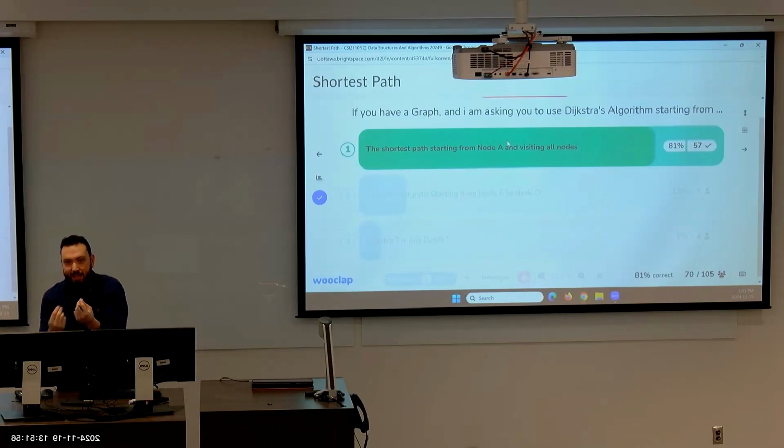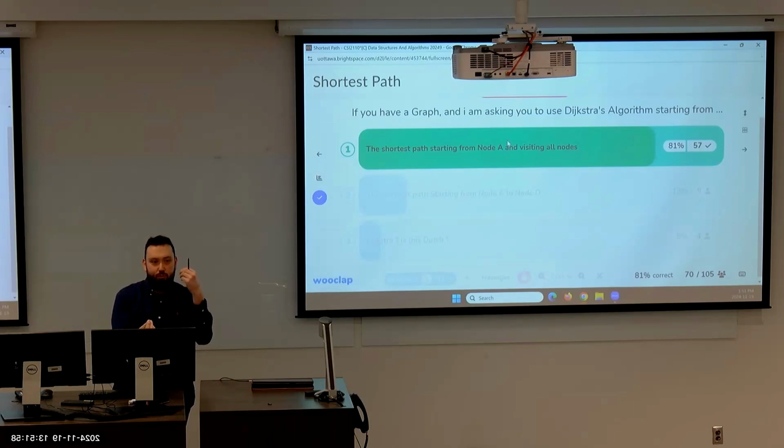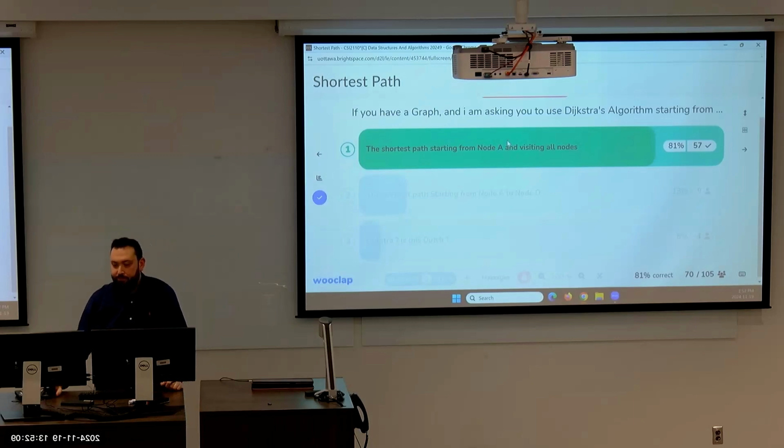If I give you two nodes, that means I'm asking you to find the shortest path between A and something. If I don't give you another node, only one node, that means I want the shortest path to this whole city, for example. That's what Google does when they scan things. They go everywhere. And then when you are using Google, you're going to give them what? Destination.